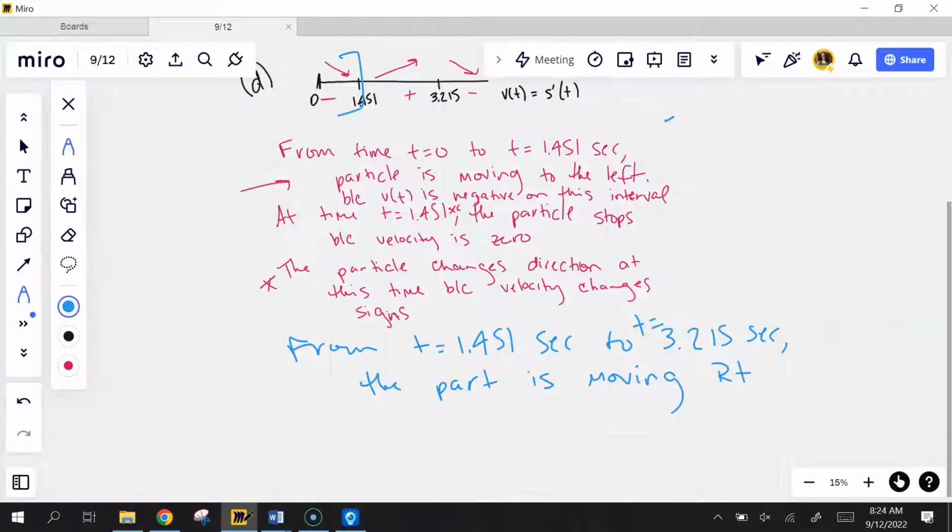Right. Why? Because velocity, and I'm going to shorthand this a little bit, is greater than 0 for positive. At 3.215 seconds, the particle changes direction.